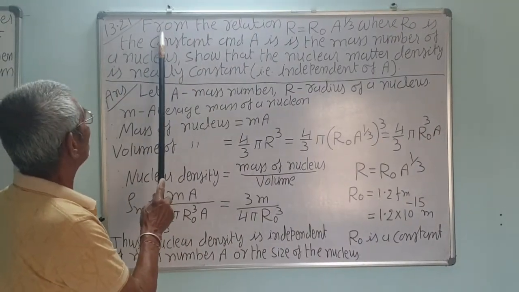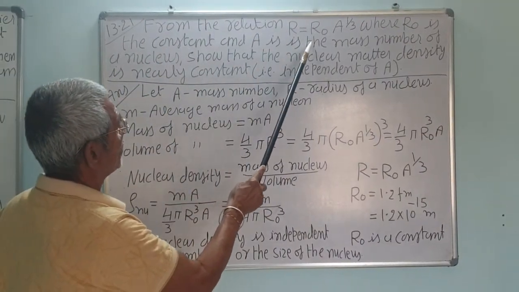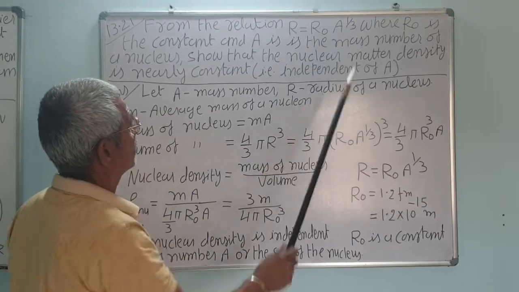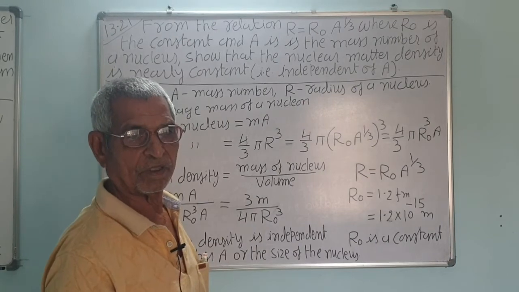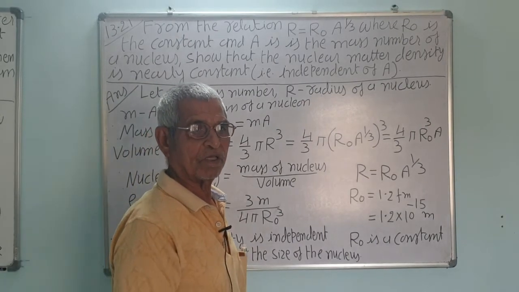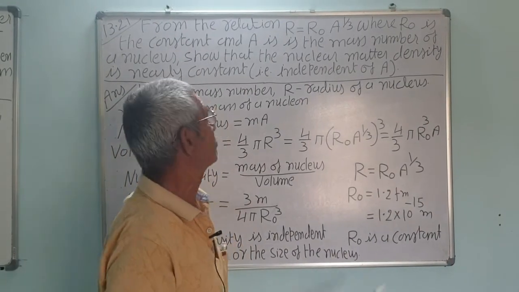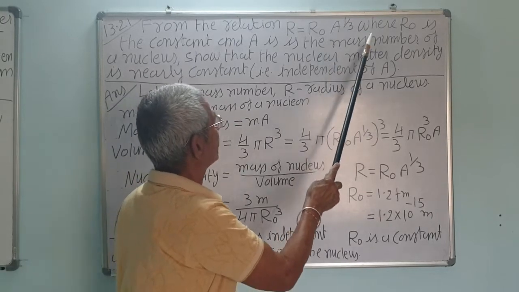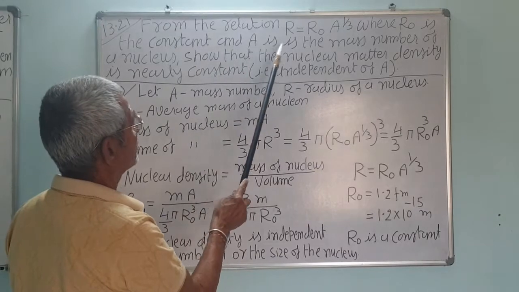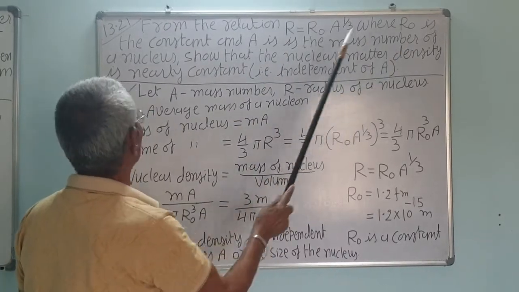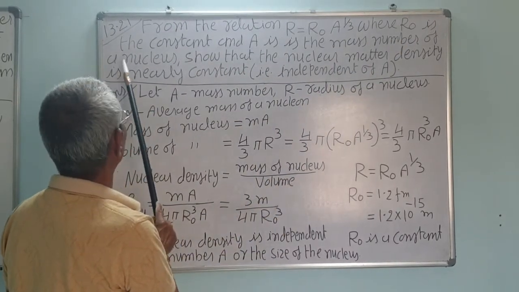Next, 13.21. From the relation R is equal to R0 A raised to 1/3, the radius of the nucleus R is given by R0 into A raised to 1/3, that is the cube root of the mass number, where R0 is the constant and A is the atomic mass number of a nucleus.